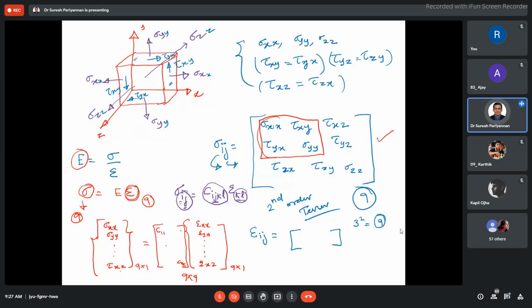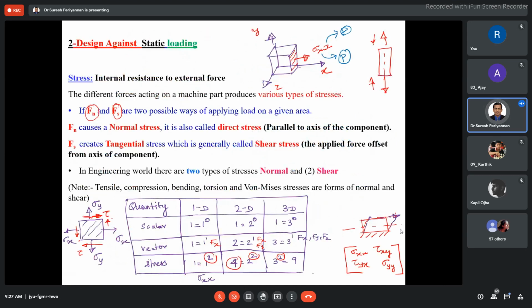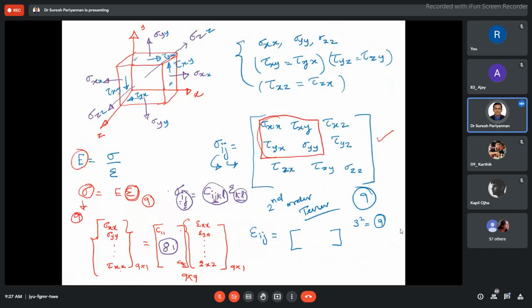How many components? 81 components. When you raise 3 to the power 4, you get 81 components. Hence, we are saying that the material constant, the Young's modulus, the elastic constant, is going to be a 4th order tensor.